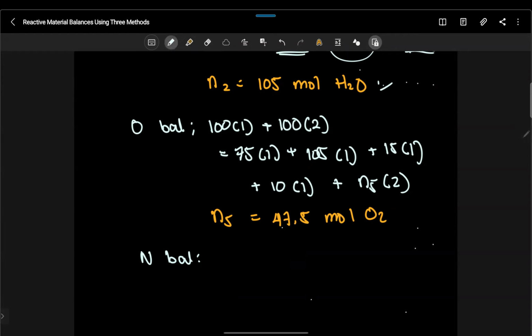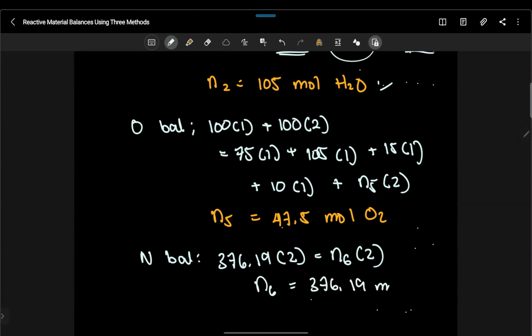Not N6 kasi N6 sa right-hand side yun. Yung pinasok na nitrogen is 376.19 times 2 kasi dalawang nitrogen atom. Now, sa right-hand side, sa product stream, N6 yung symbol niya, times 2 kasi dalawang nitrogen atom. So therefore, N6 is basically just 376.19 moles of nitrogen.